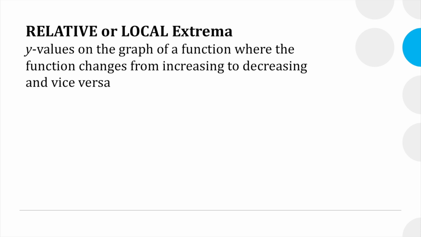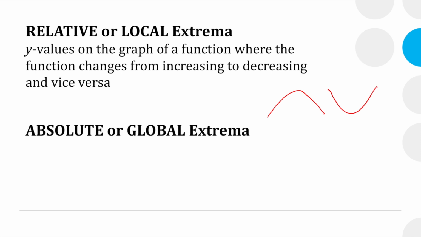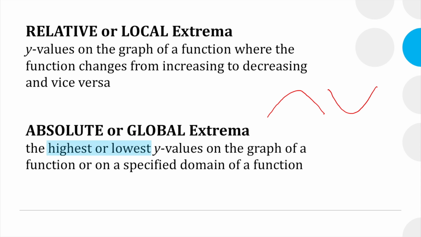Relative or local extrema are y values on the graph of a function where the function changes from increasing to decreasing and vice versa. Absolute or global extrema are the highest or lowest y values on the graph of a function or on a specified domain of a function.